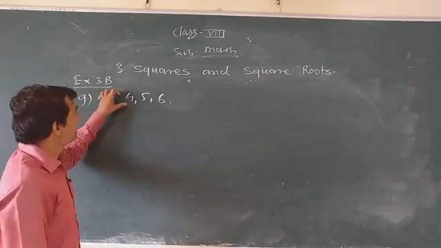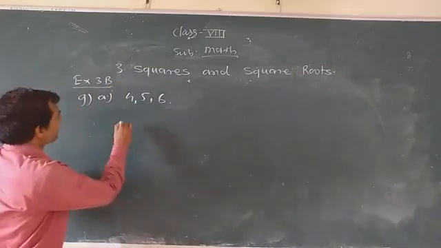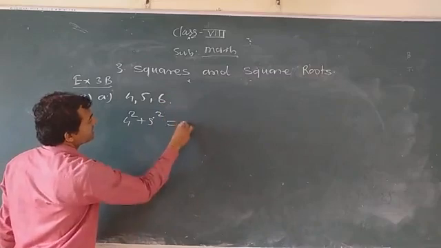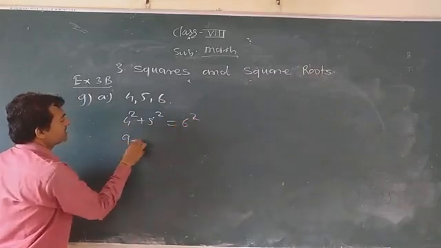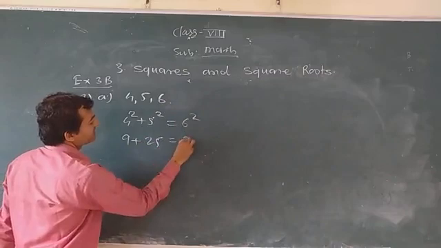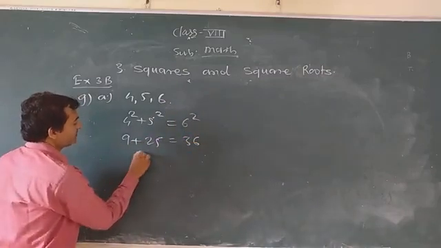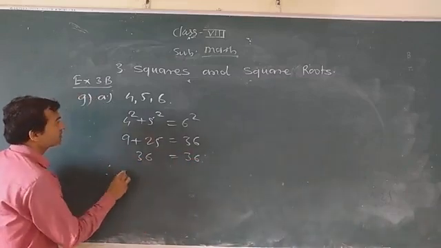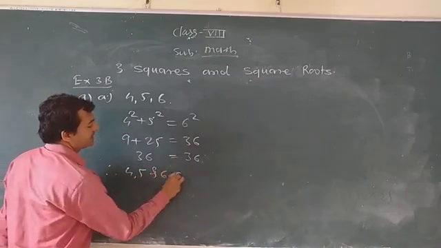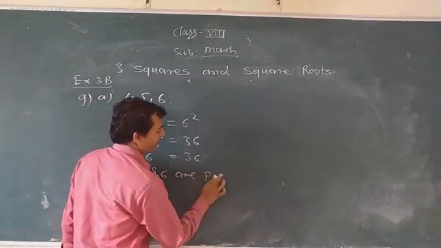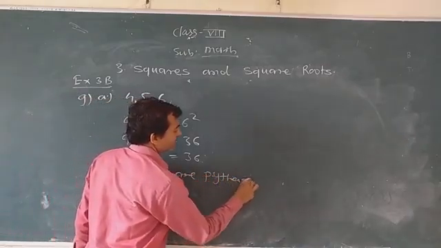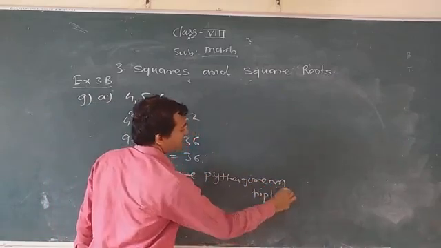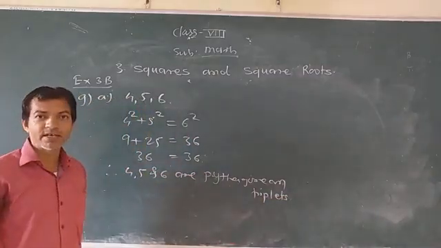You have to take the sum of the squares of the two smaller numbers. 4 square plus 5 square is equal to the greatest number square. 4 square means 9, 5 square means 25 and 6 square means 36. 9 plus 25 means 36.